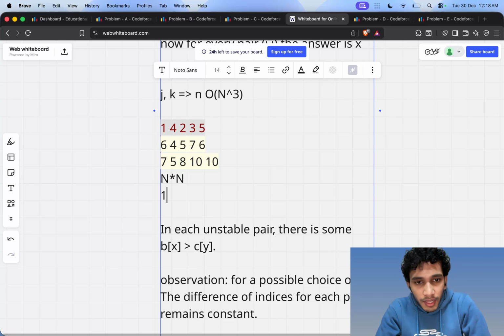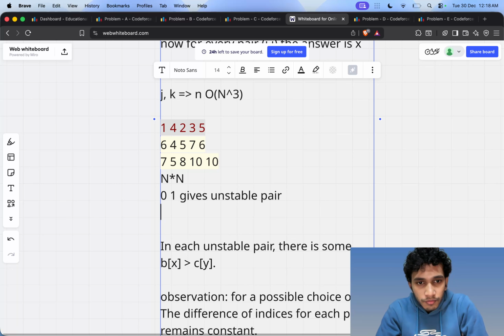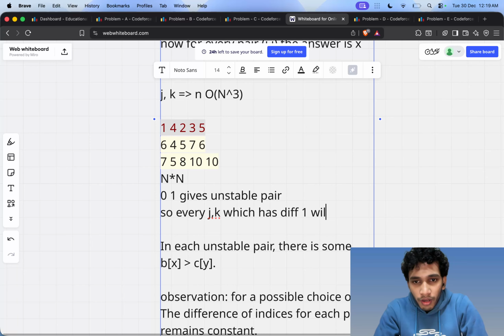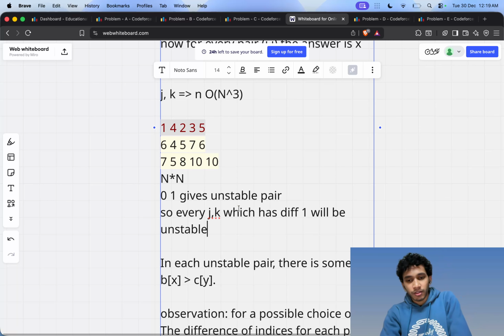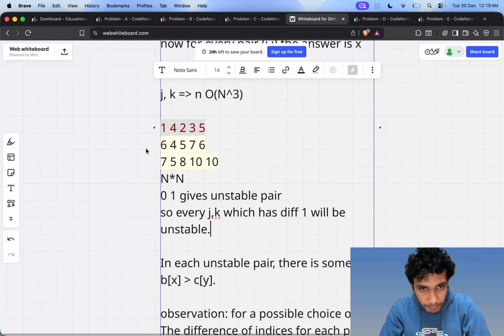Because index 1 and 2, with zero-based indexing 0 and 1, give an unstable pair, every jk which has difference 1 will be unstable. This is a very powerful observation.